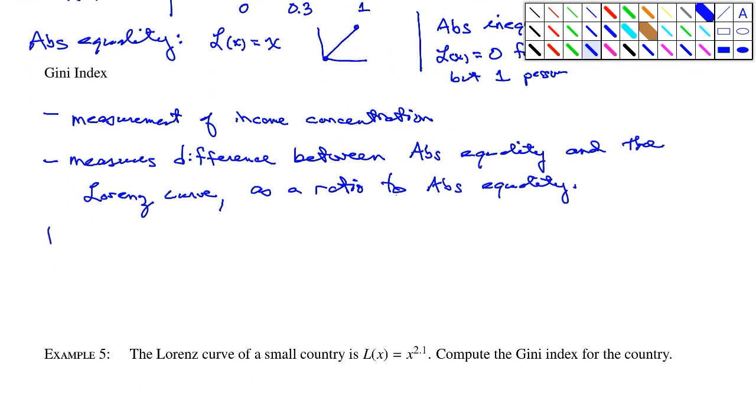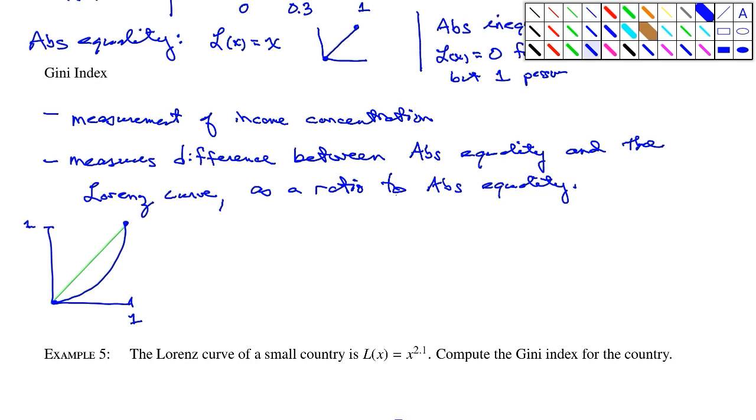So let's look at an example here. Here's one, here's one. Here's that perfect line again, right there. And then we're going to have the Lorenz curve. Maybe it does something like this. Like that. So what we're looking at is the difference between the absolute equality line, y equals x, and the Lorenz curve.